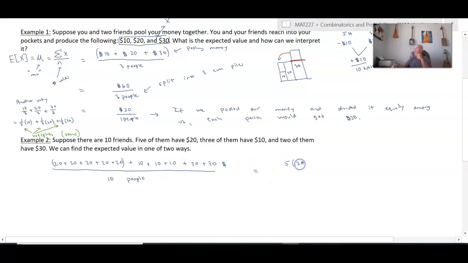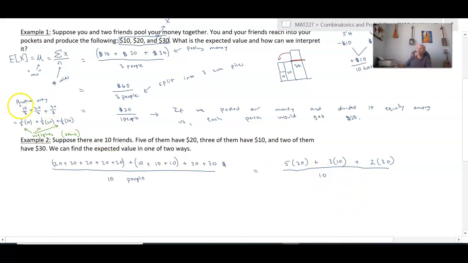I have 5 instances of 20, 5 times 20, plus I have 3 instances of 10, plus I have 2 instances of 30, all divided by 10.